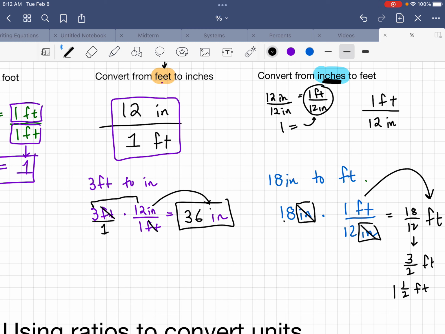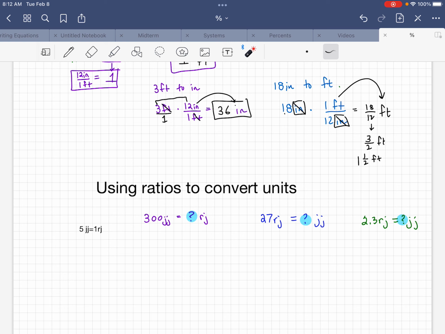Now let's look at a random ratio, because you're going to run into conversions that you're like, I didn't know that, and this will simulate that. So what if I told you that we had an equivalency of 5 JJ equals 1 RJ?